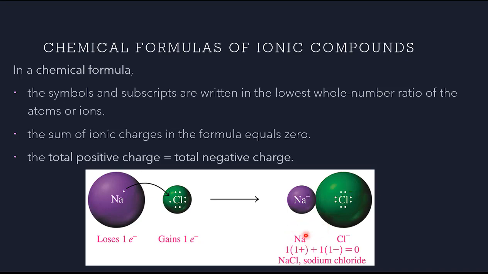So if sodium is a 1+ and chloride is a 1-, then if we have a 1-to-1 ratio, 1 sodium, 1 chloride, 1+ charge, 1- charge, 1 times 1 plus 1 times -1 gives us 0. Therefore, our ratio of sodium to chloride atoms in our ionic compound will be 1-to-1.